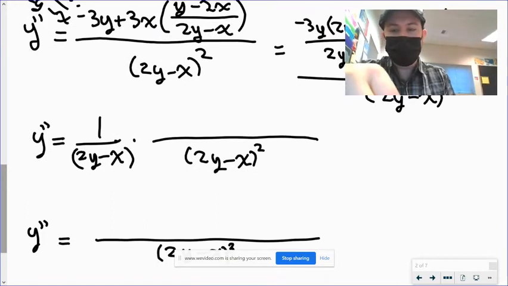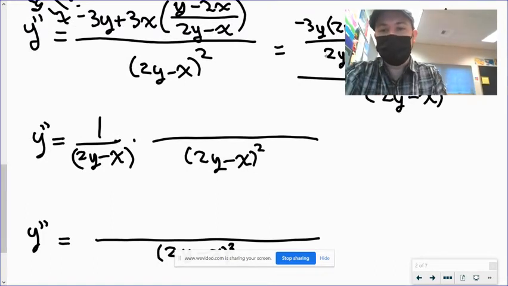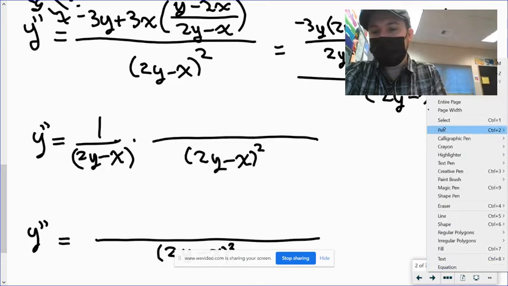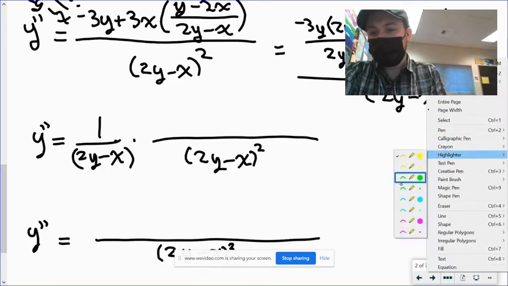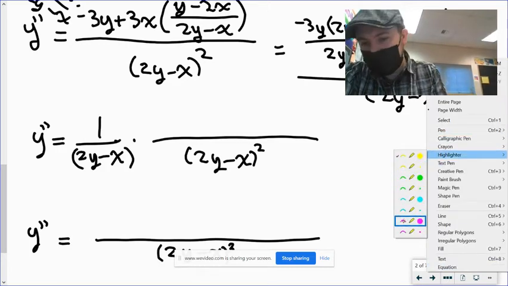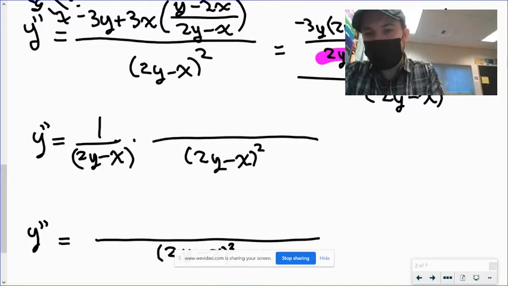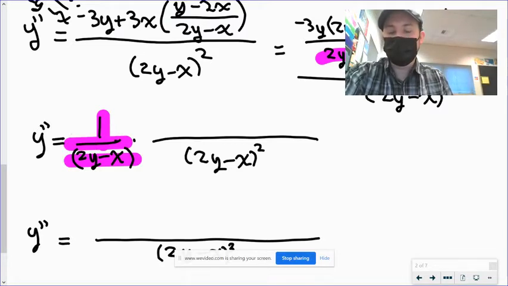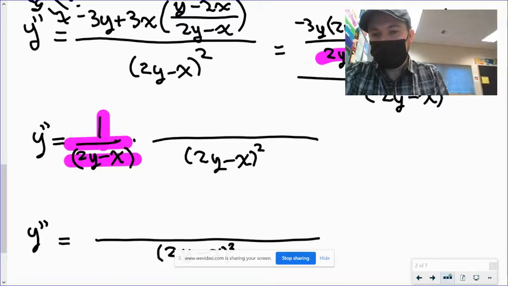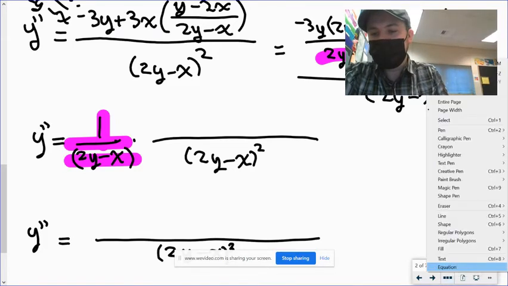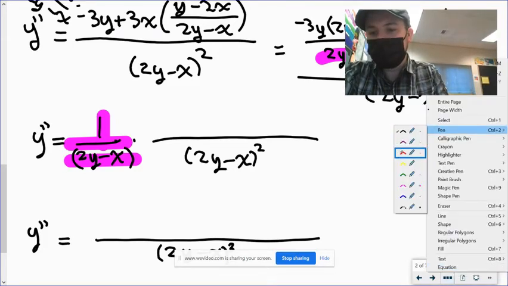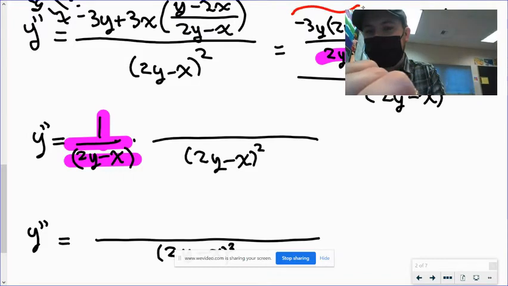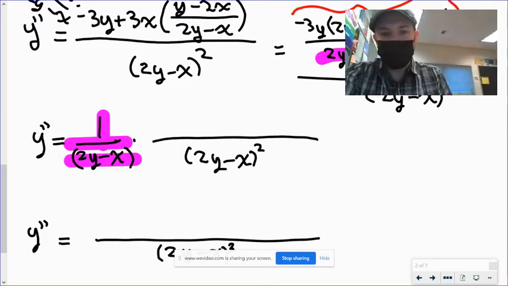Focusing on the numerators, remember I factored out, let me get some highlighter here to make it really clear. I factored out that denominator with this term. So now I'm just left with the terms in the numerator. I'm talking about these terms right there. So if I go ahead and multiply those out, what will I get?